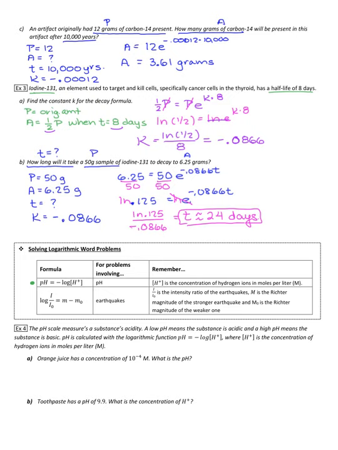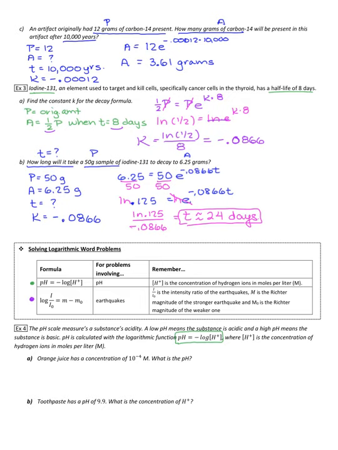And the second one is when you want to compare two earthquakes in order to figure out how much stronger one earthquake was than the other. So let's start off with the chemistry. Not my strong suit, but that's okay. So again, we have this pH scale which measures a substance's acidity, and here is a formula we're going to use. Again, you're not going to have to memorize any of these, all right?